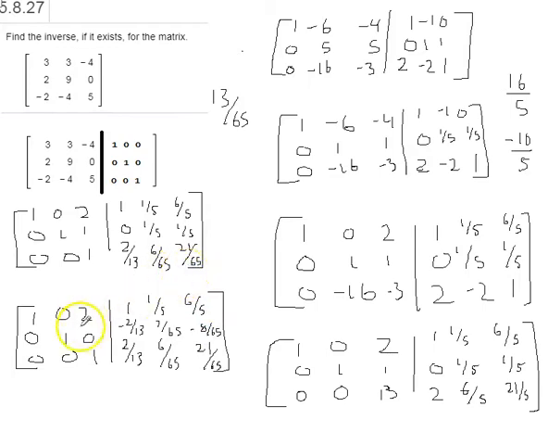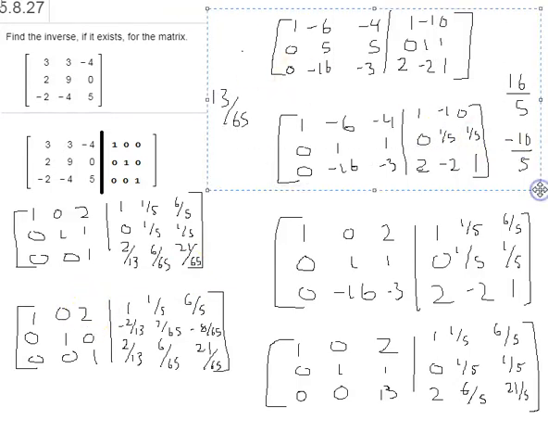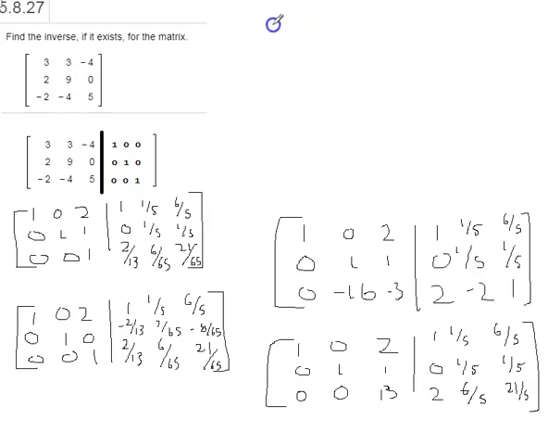All right, so now the last spot to get is right there. I will go ahead and clear some space here so we can do it nice and large. We're not changing the middle row. We're not changing the bottom row.